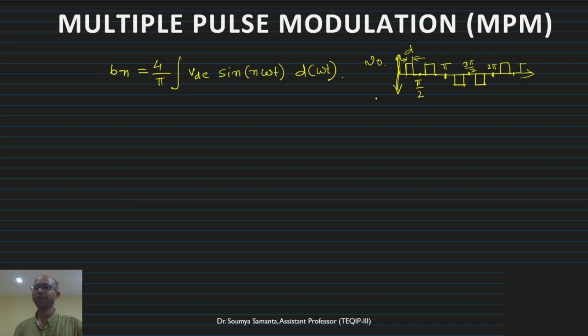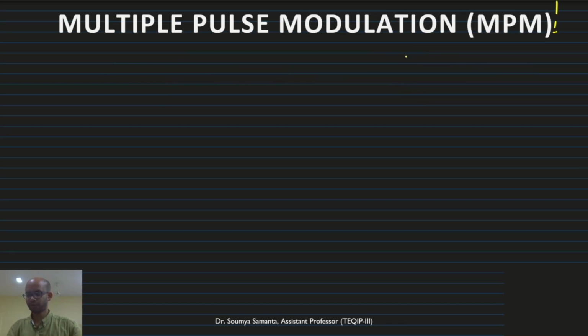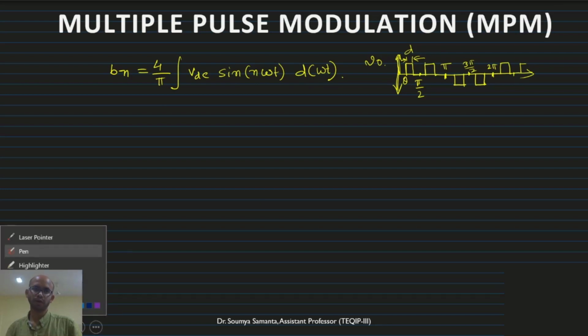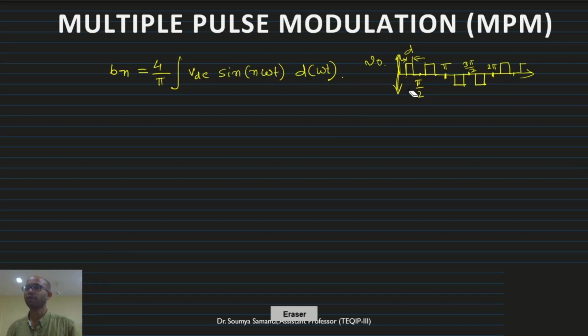Now what is this width? Suppose if we consider this is theta, this point will be pi by 2 minus theta. That is what we can do, pi by 2 minus theta.